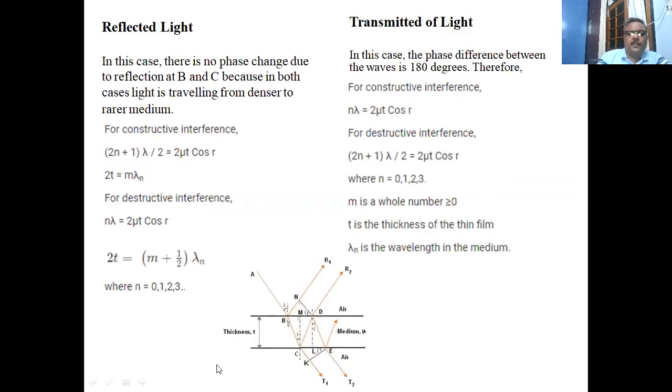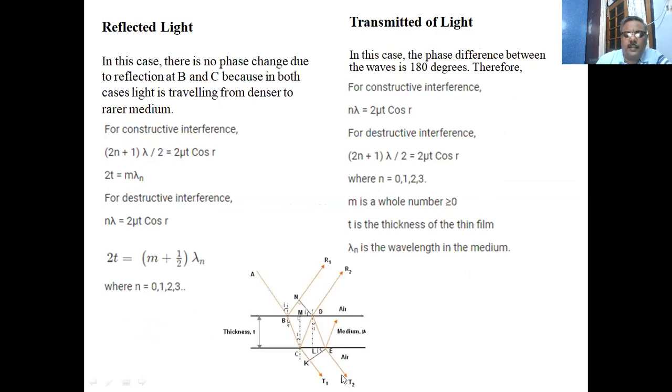This path difference produces constructive interference when it is an odd multiple of lambda by 2, and produces destructive interference when it is an even multiple of lambda by 2. This is the case of the reflected light.